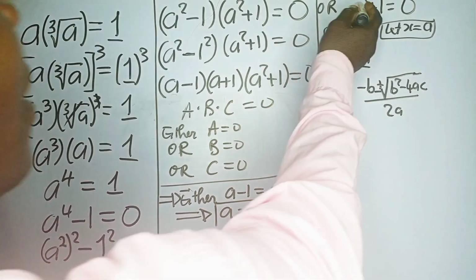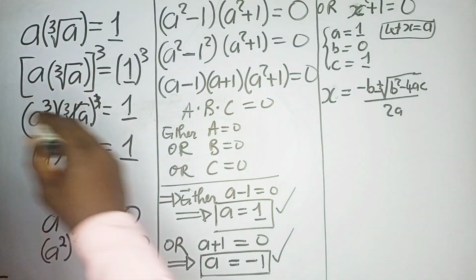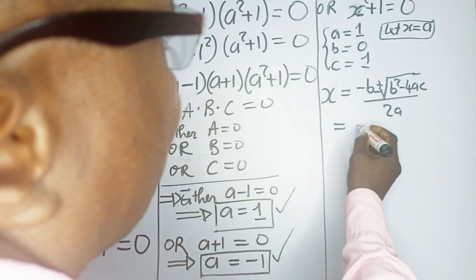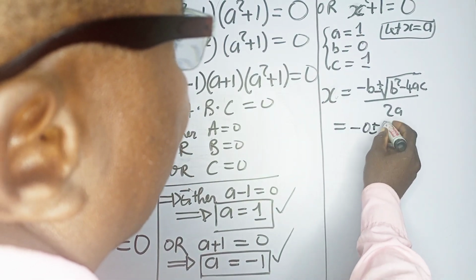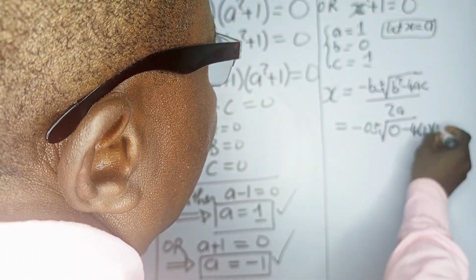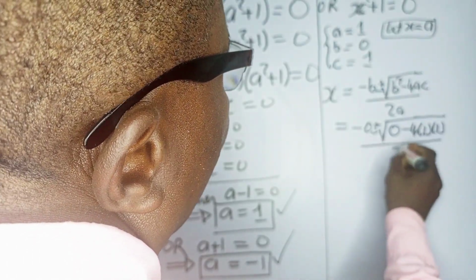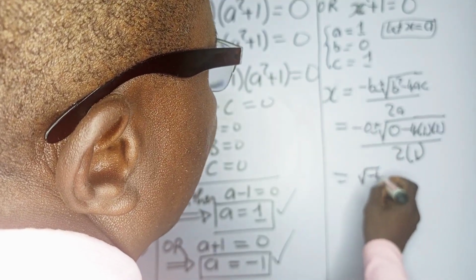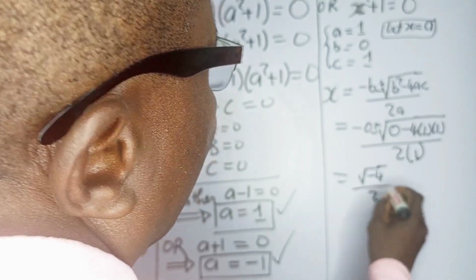We know that this x is actually a because our equation is in terms of a. Now we'll put in our values carefully. Minus 0 plus or minus the root of b squared, which is 0, minus 4ac, all over 2a. This gives us the root of negative 4 all over 2.